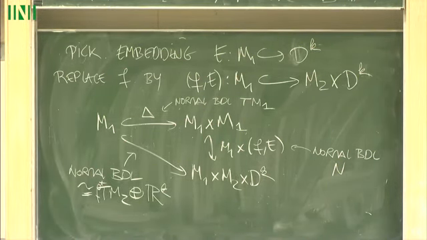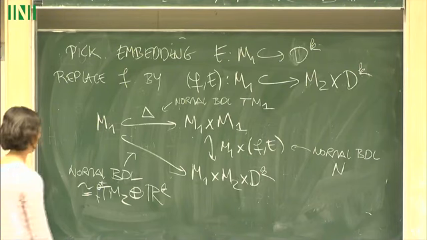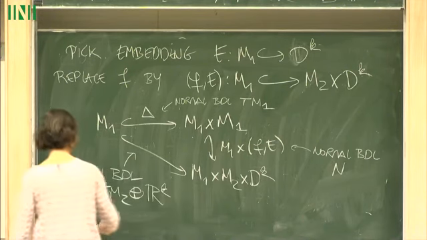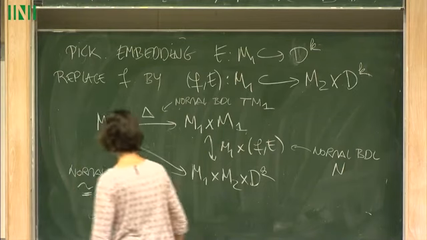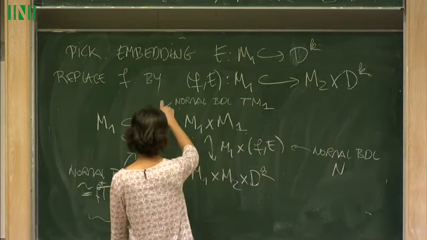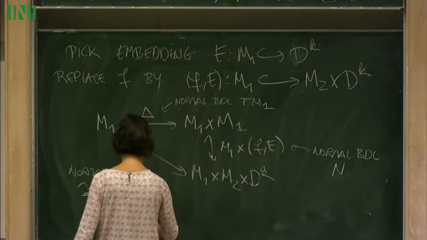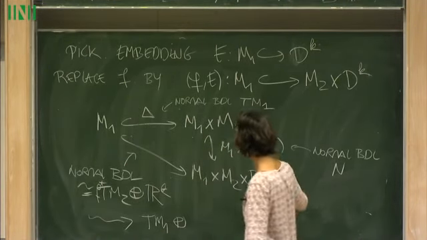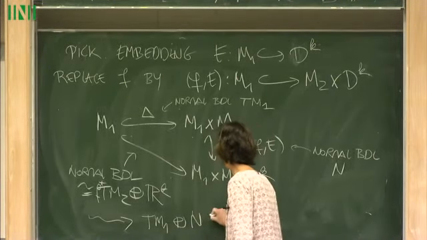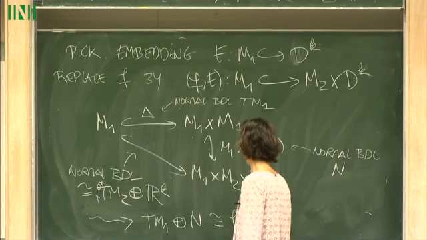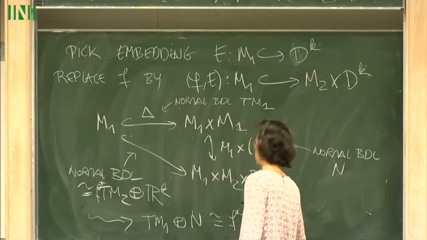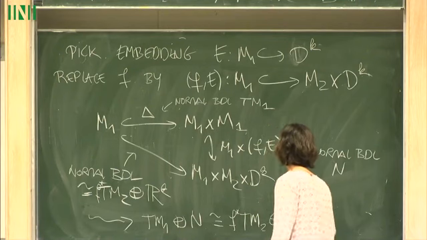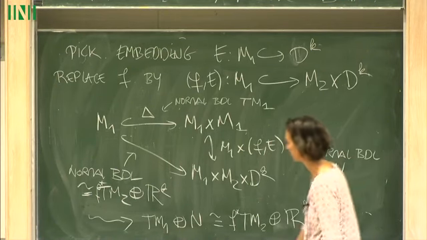Putting this together, you get an isomorphism: TM1 plus N is isomorphic to F star TM2 plus R^k.